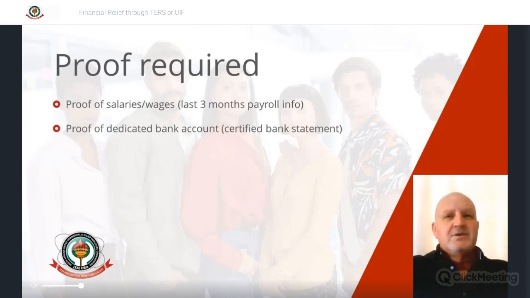As far as the bank account is concerned, and just to recap, remember the dedicated account versus your normal account. Either way, you have to submit proof in the form of a certified bank statement. Now, there are questions. Can I get a letter from the bank which is stamped to confirm that this is my company's bank account?